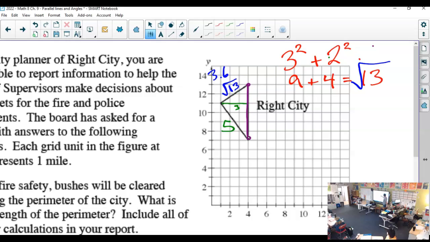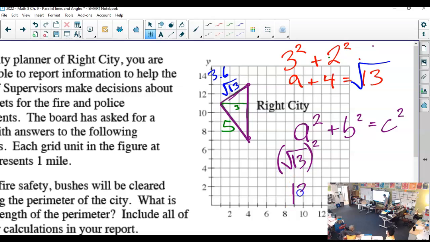If I say that this is one of my legs, A or B, and I go to do A squared plus B squared equals C squared, what happens when I square something that is under the square root? It undoes it, it takes away the root. So A squared would be radical 13 squared, which would just turn into 13.